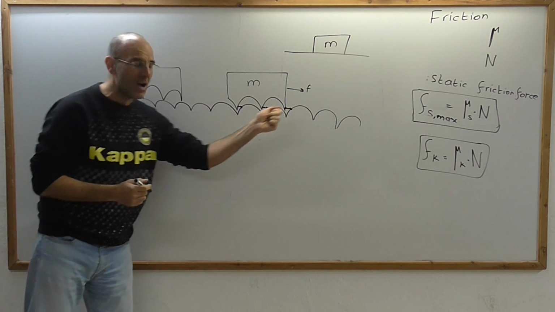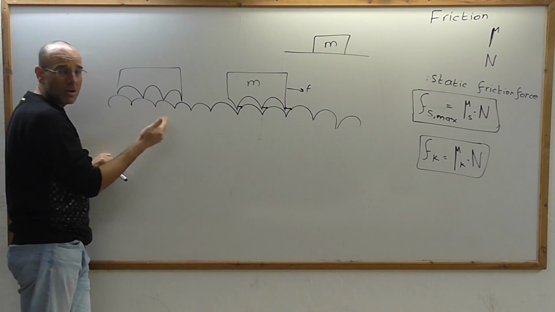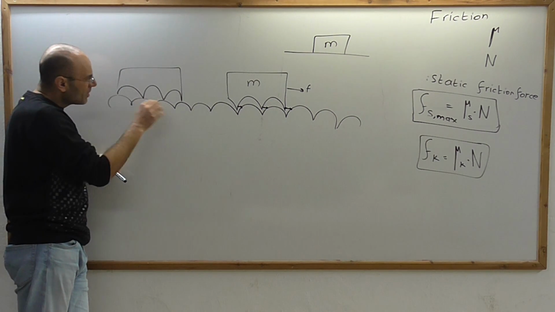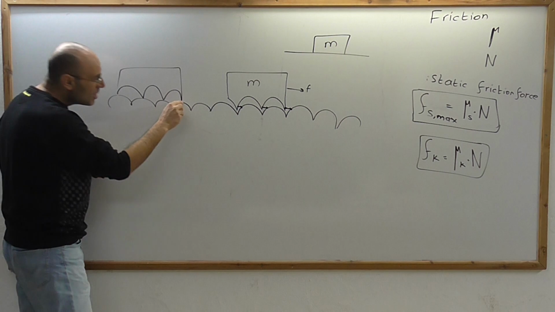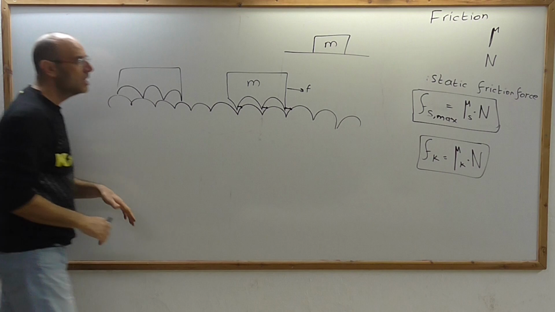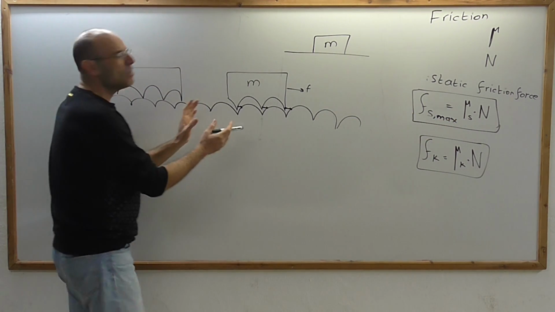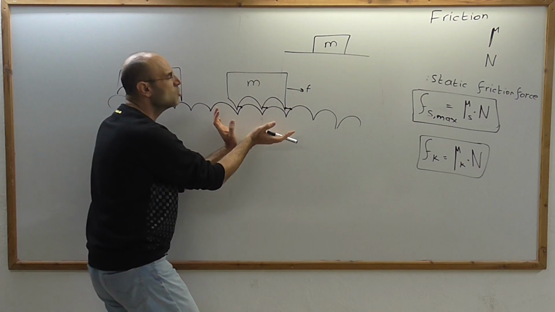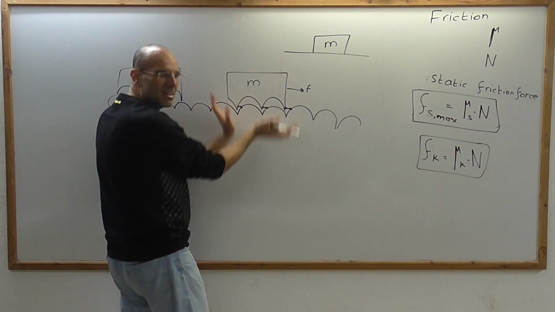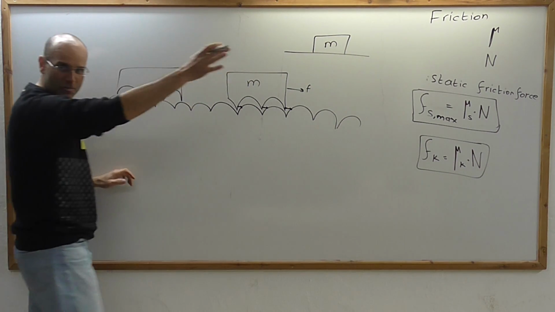And when I pull it now, the friction force will be much less because it now collides only with the top of the bumps. It's not inside the bumps. So what does the Fs max tell us? It tells us how much force I need to apply in order to lift the mass up out of the bumps, and then it's free to move.